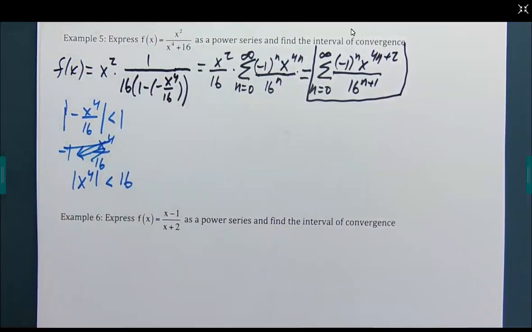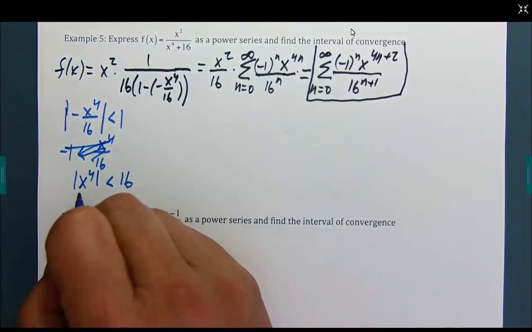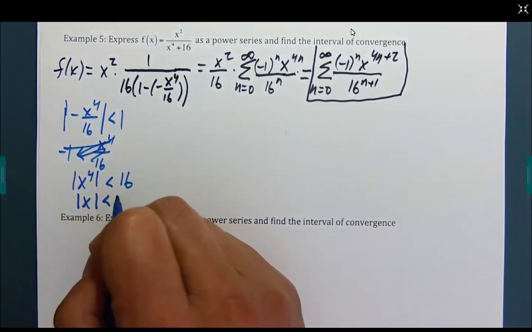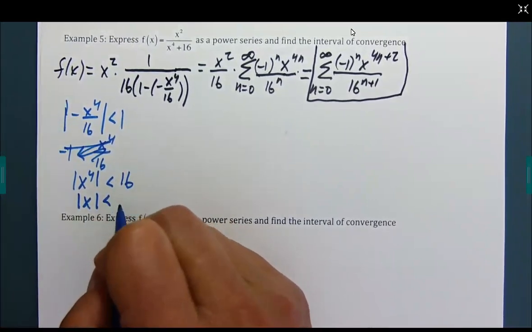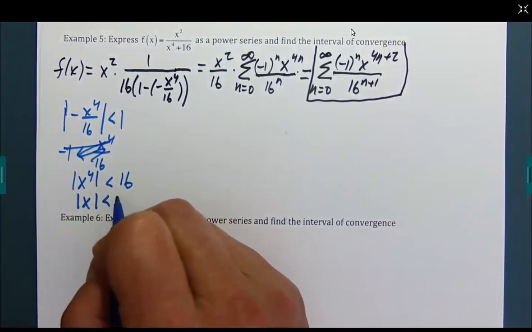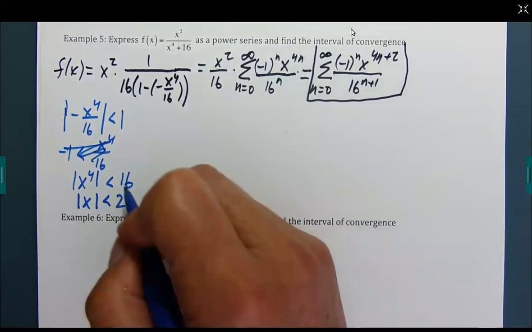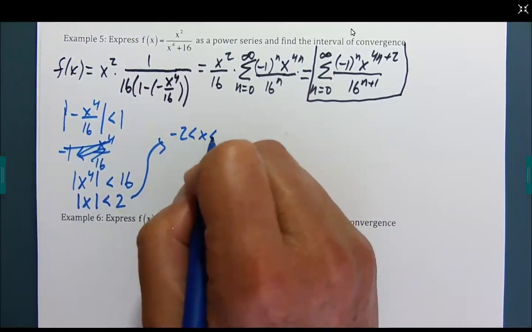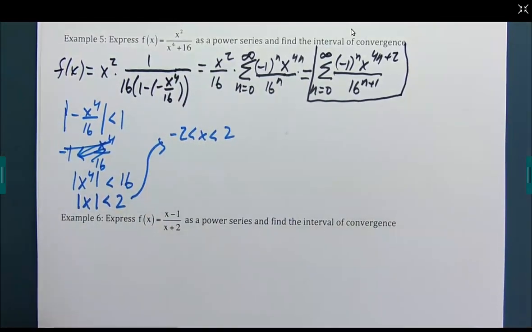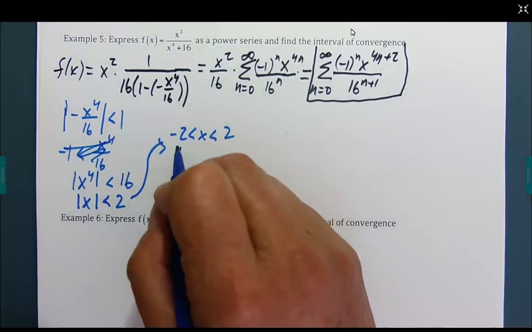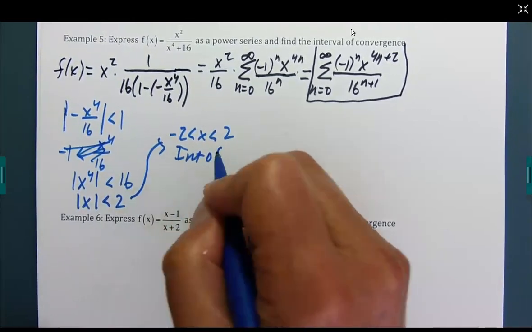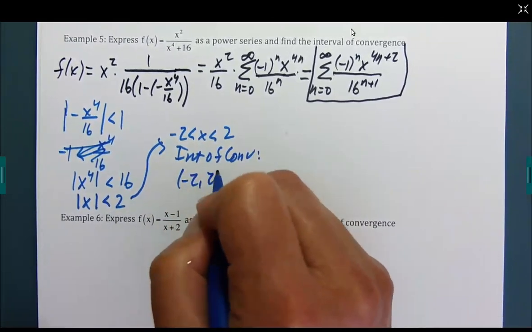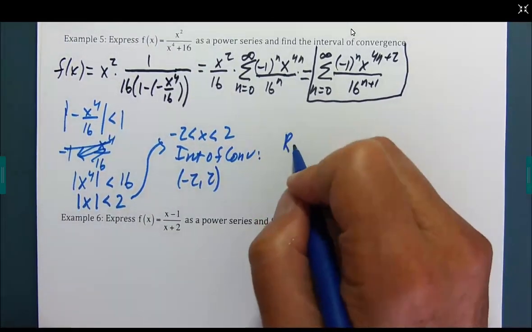And when I do the 4th root, it's going to stay absolute value of x is less than, and 4th root of 16 is just 2. Which means this is my interval of convergence, with a radius of 2.